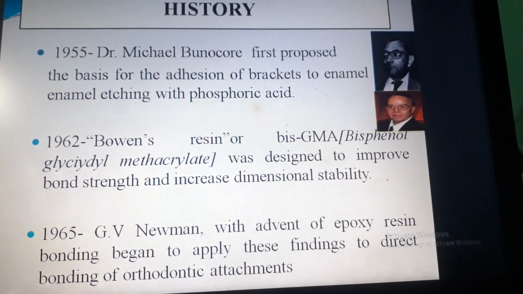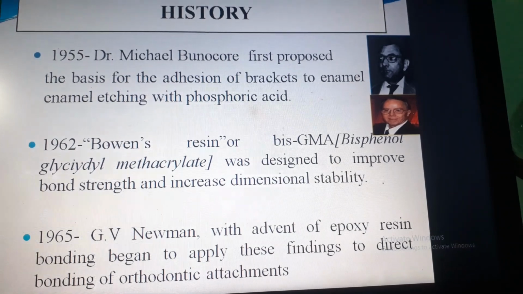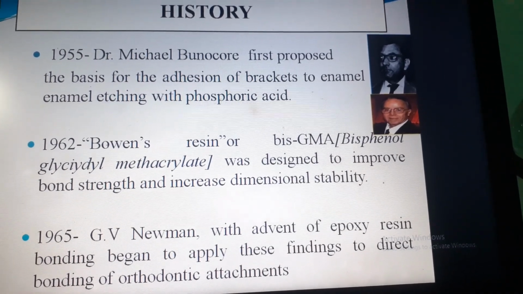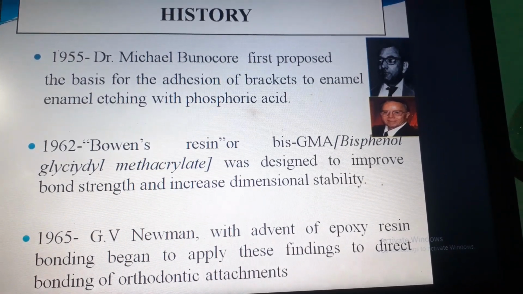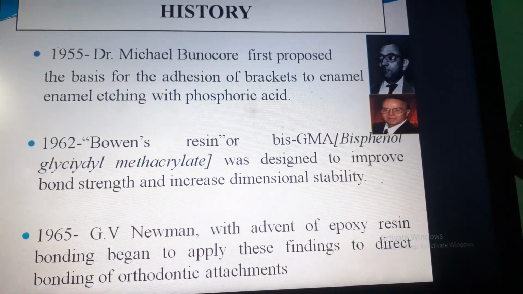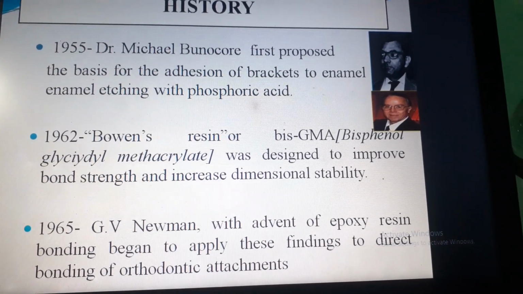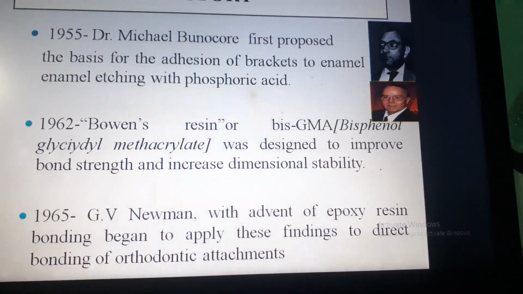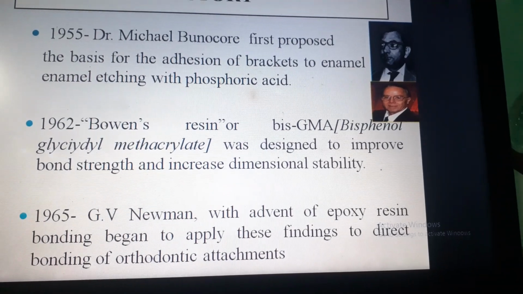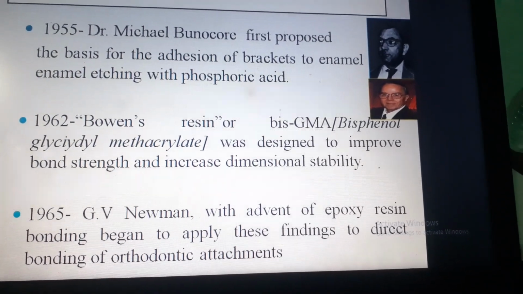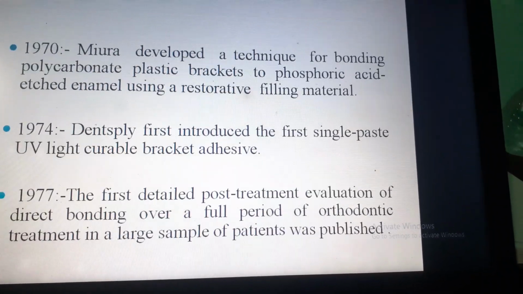In 1955, Dr. Michael Buonocore first proposed the basis for the addition of brackets to enamel etching with phosphoric acid. In 1962, Bowen's resin was designed to improve the bond strength and increase the dimensional stability. In 1965, Newman, with the advent of epoxy resin bonding, began to apply these findings to direct bonding of the orthodontic attachment.